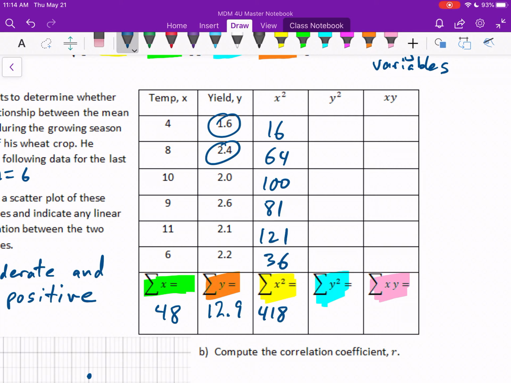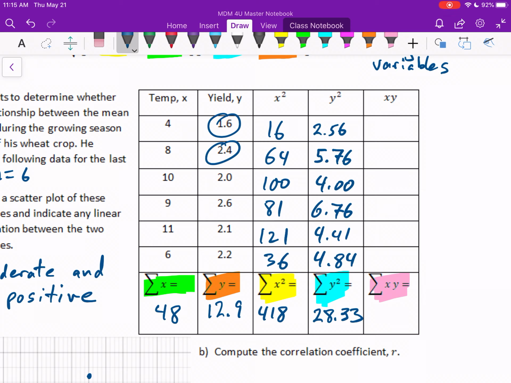And so I'll get 2.56, 5.76, 4.00, 6.76, 4.41, and 4.84. And then adding all those together is 28.33.